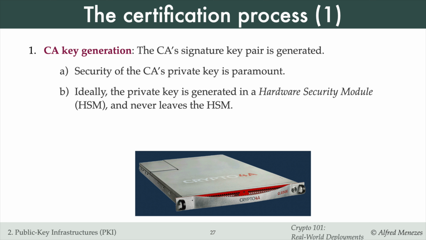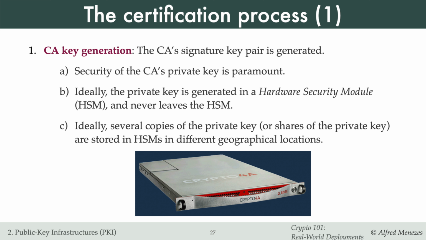To enhance security, this private key is often generated and stored within a hardware security module, or HSM. This is a tamper-resistant device that securely stores cryptographic keys and performs cryptographic operations with the keys. To mitigate the possible loss or destruction of the CA's private key, copies of the key should be stored in HSMs located in different geographical locations.